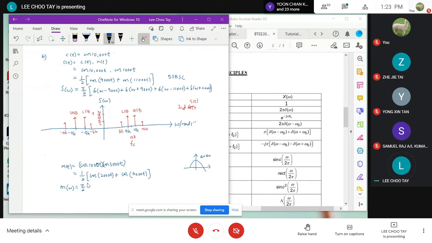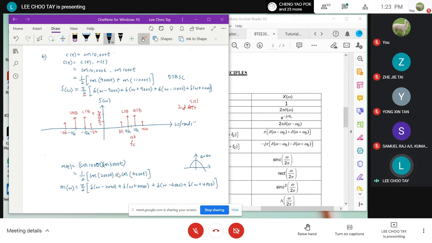You're going to have 2 deltas for each cosine wave: delta omega minus 2,000 plus delta omega plus 2,000, and the other gives you delta omega minus 4,000 plus delta omega plus 4,000.